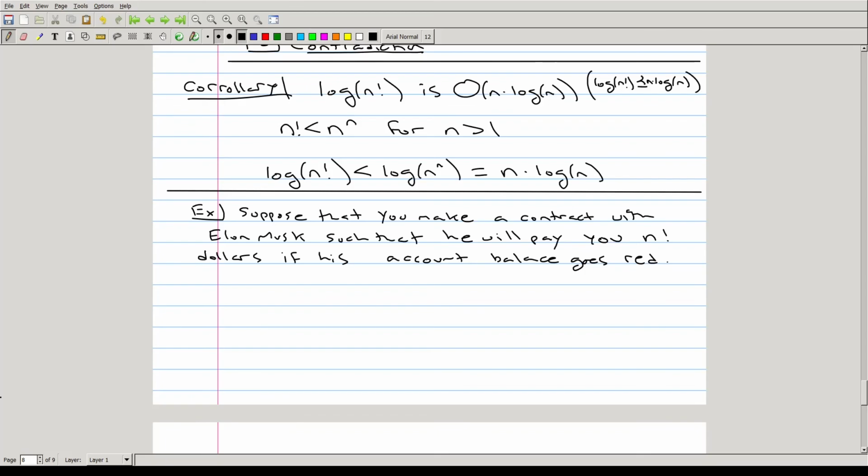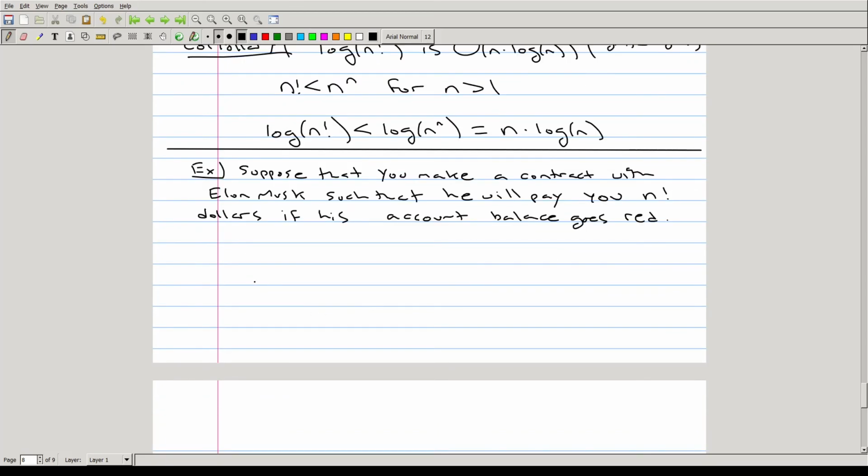It means he doesn't have enough money to cover his account balance. And just for the sake of assumption, let's use his current net worth as the amount of money he has in his account. So his current net worth is $176 billion, and that's 176 with 9 zeros after it.